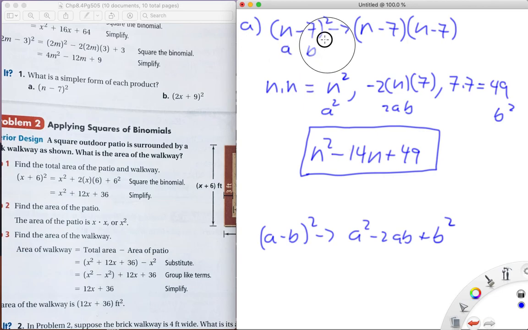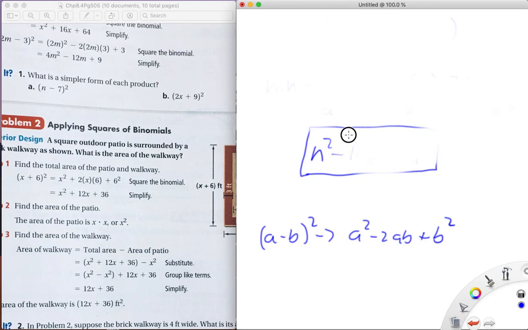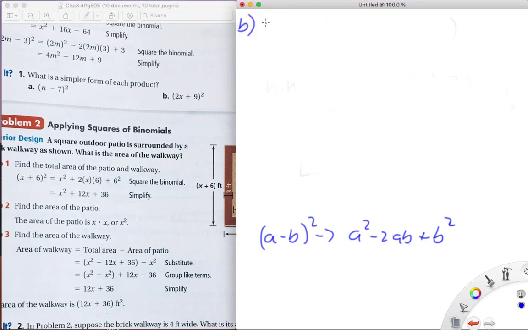So let's look at what B looks like. With B, I have (2x plus 9) squared. We can say that the 2x is my A term and the plus 9 is my B term.